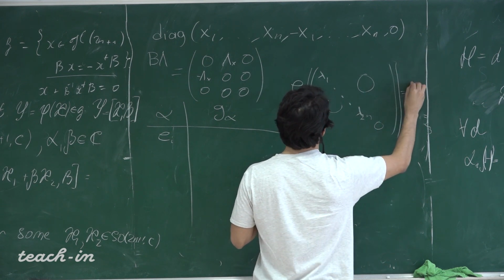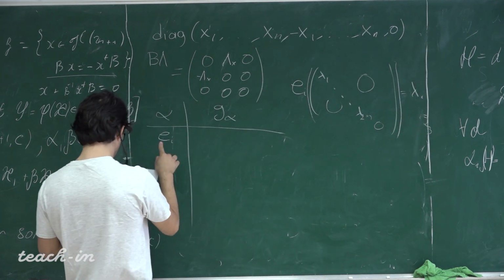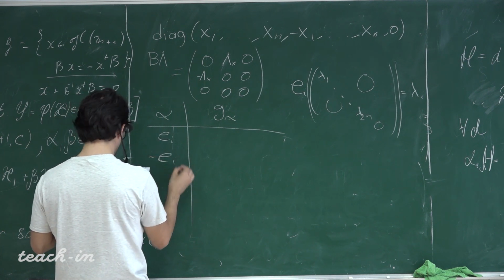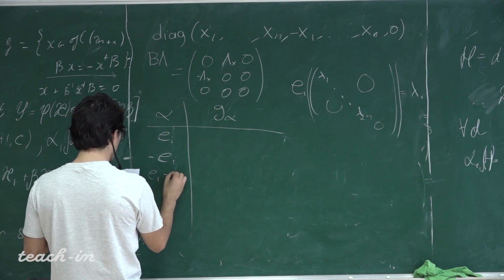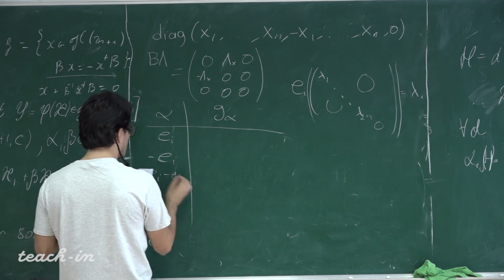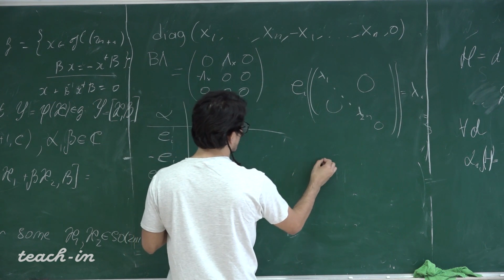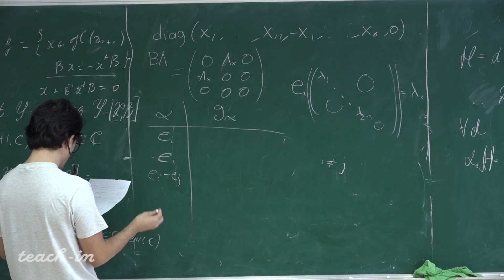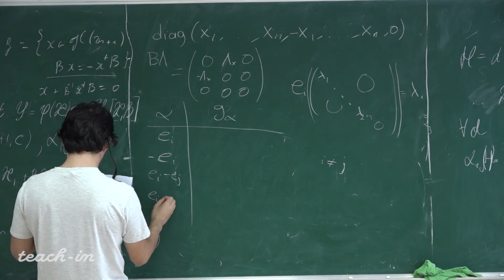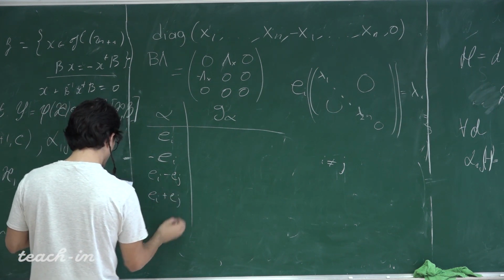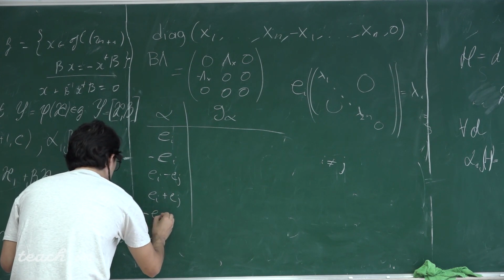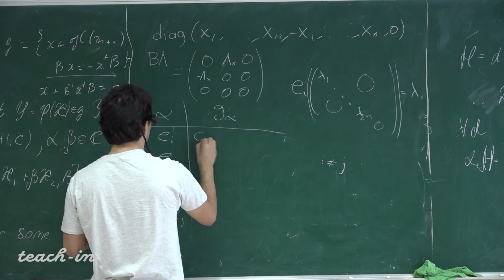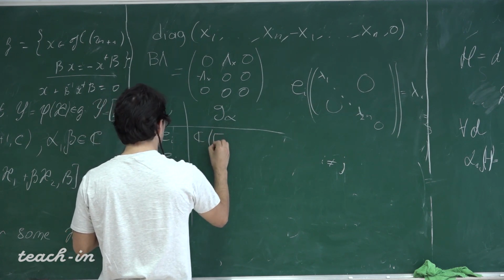We will get lambda, and we have EI and minus EI, EI minus EJ. Every time it's for i different from j when they appear in operations. And EI plus EJ, minus EI minus EJ, and the subspace will look like this.